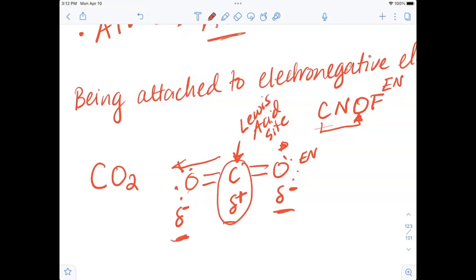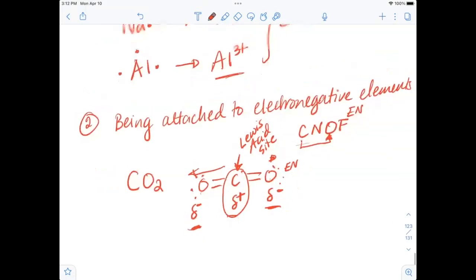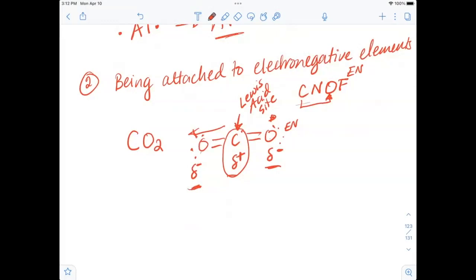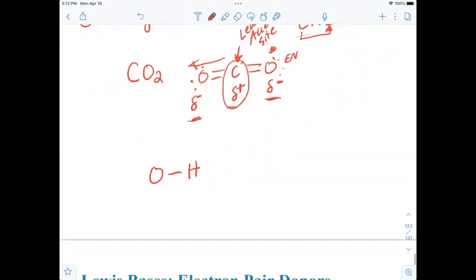Once again, I'm trying to use organic examples to bring the future into the present. Moving on. Another way you can see this also, and the example is oxygen and hydrogen. You see this in organic too. Oxygen and hydrogen. Once again, the oxygen pulls the electrons away from the hydrogen. Even though the bond still exists, the oxygen is partially negative, the puller of electrons, electronegative, and then hydrogen becomes partially positive.